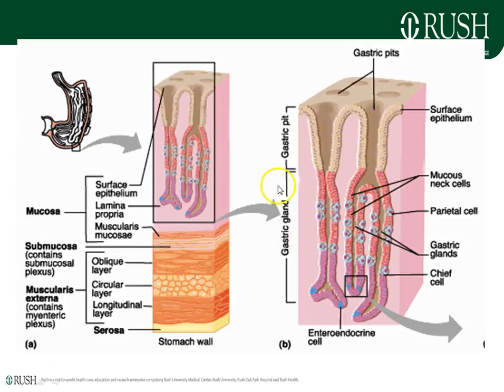On the right, the diagram demonstrates the finer structural characteristics of the gastric pits and the gastric glands. So you can see that the gastric pits are lined by the mucus surface cells, and then the gastric glands have a couple of different cell types, which we're going to discuss in more detail. The most important of these being the parietal cells and the chief cells.